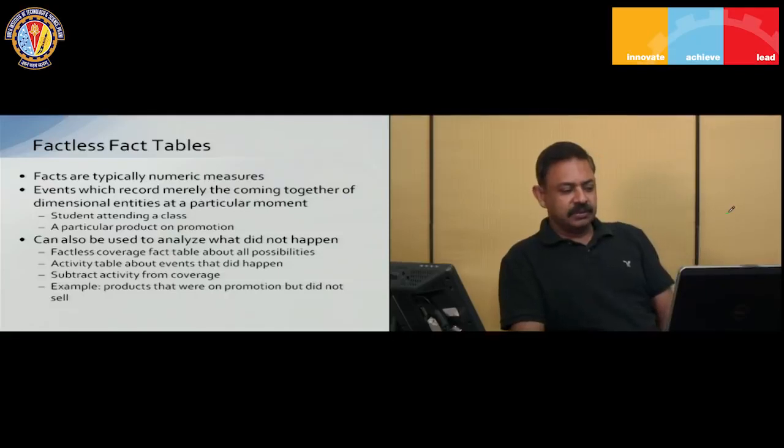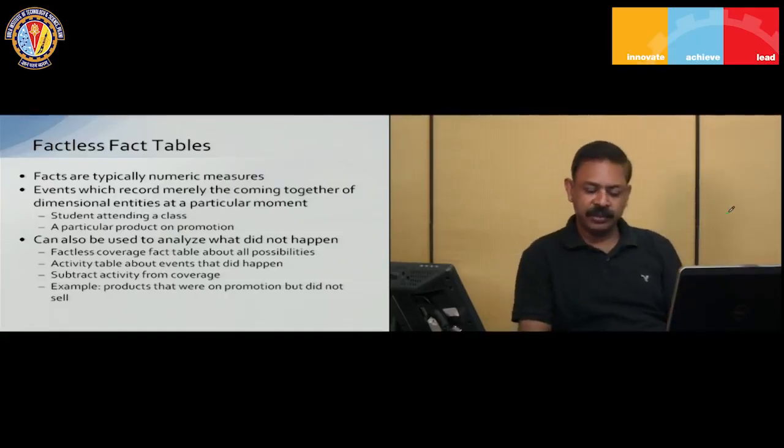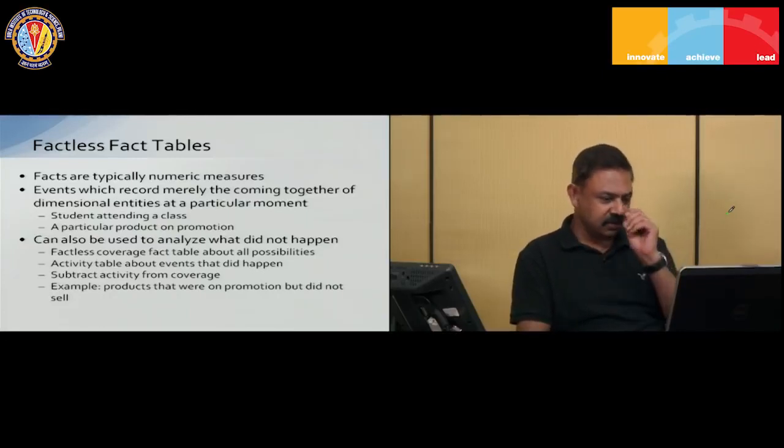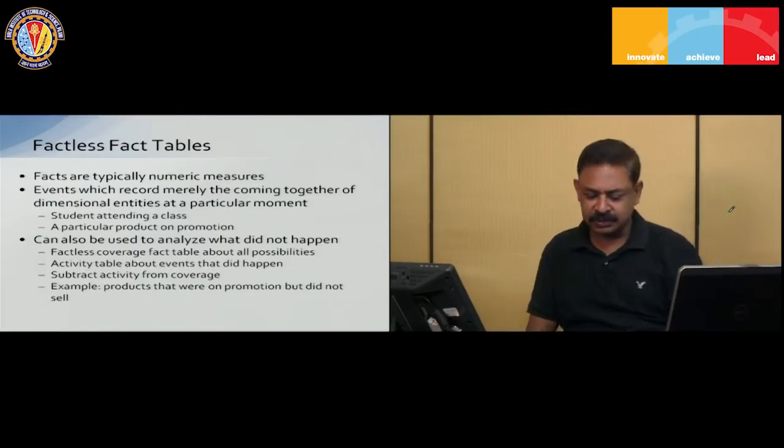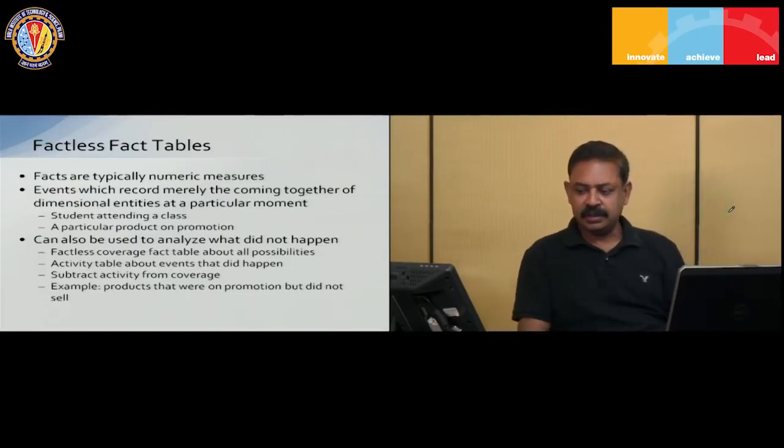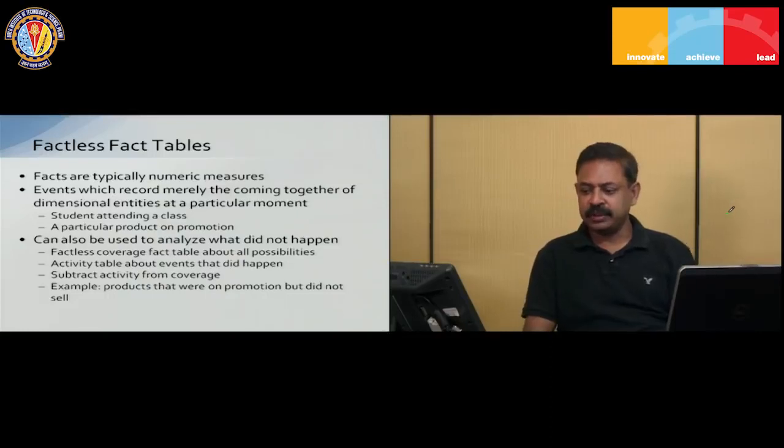So factless fact tables. Facts are typically numeric measures, and that's what we have seen so far. Now, there are certain events which record merely the coming together of dimensional entities at a particular moment. For example, a student attending a class.